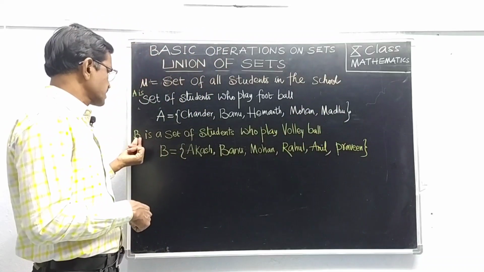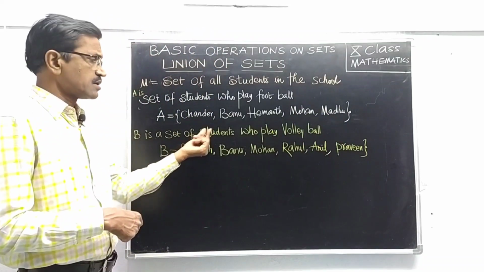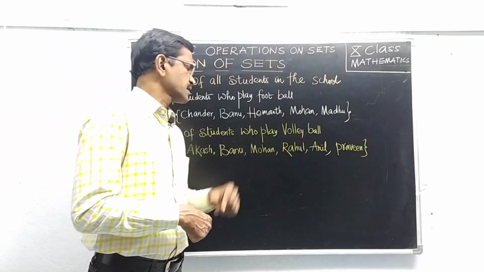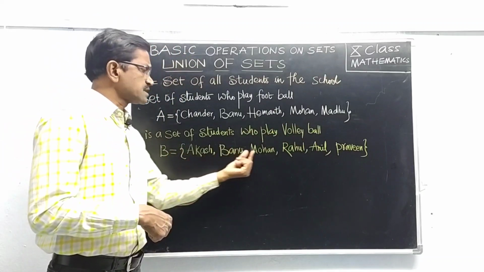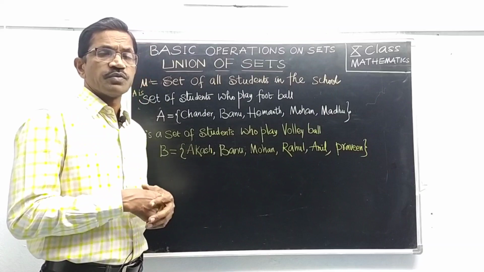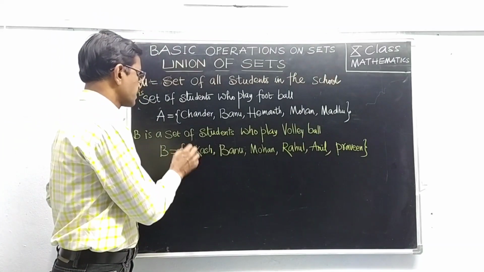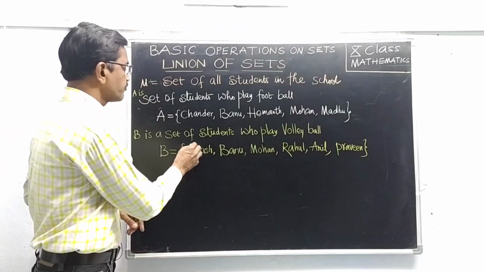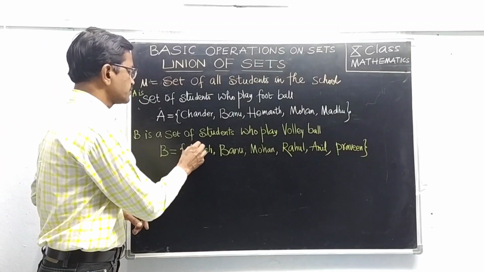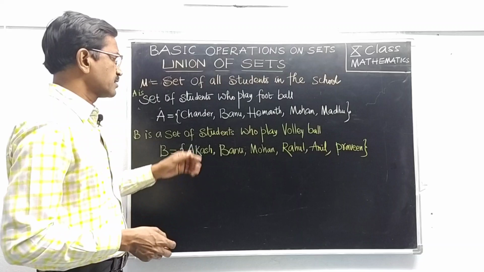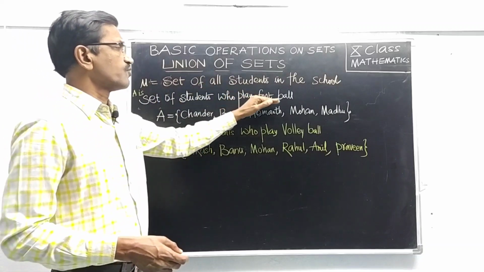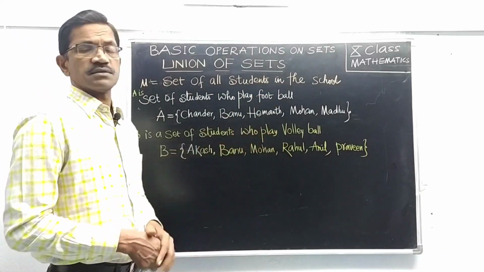And B is a set of students who play volleyball. So these students are selected to play volleyball for the tournament from our school. So here, in total, how many students are selected to play football and volleyball?